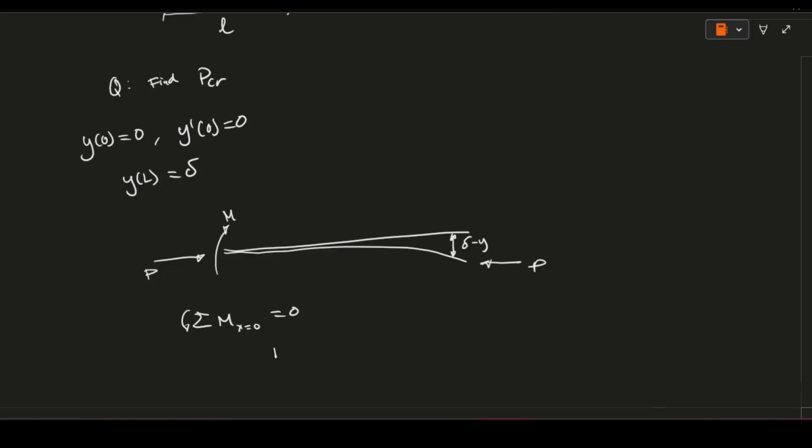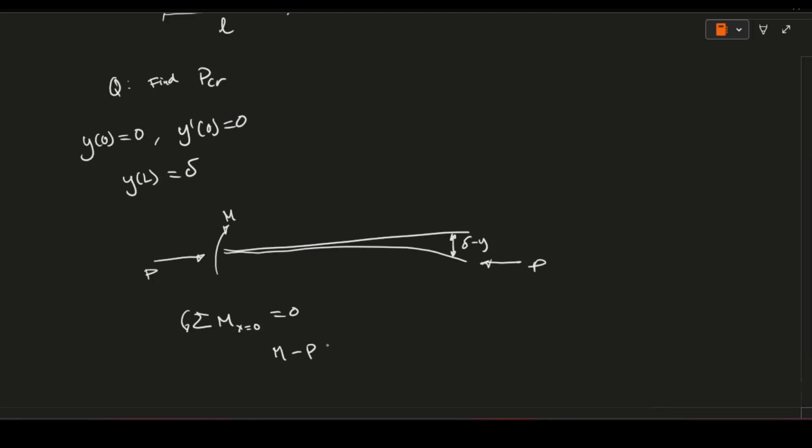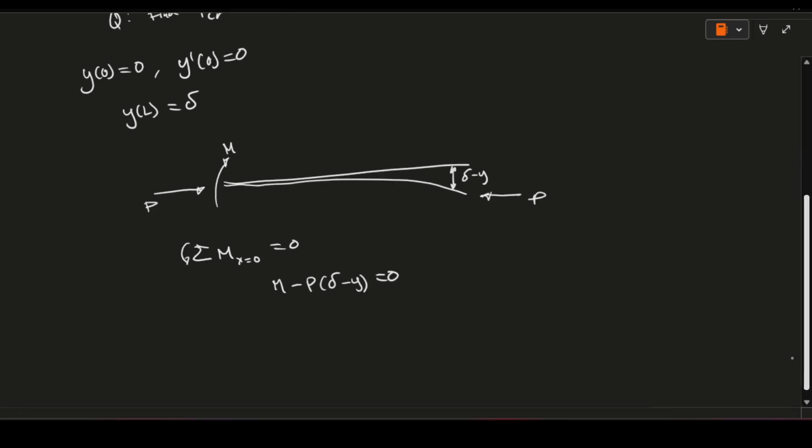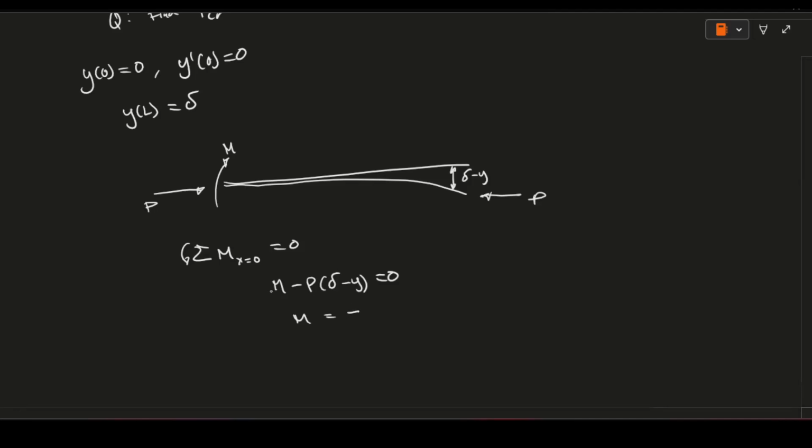And we have that M minus P times (delta minus y) equals 0. And that's M is then equal to minus P times (delta minus y). And this is obviously in the negative direction.